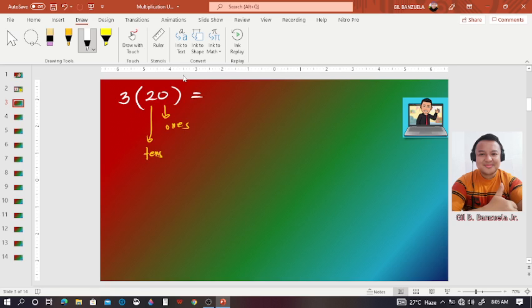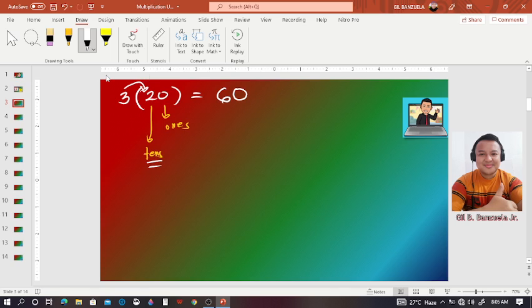So let's begin. 3 times 2, of course that is equal to 6. But since this is placed on the tens place, that particular 6 is not just 6, it is 60. On the tens place, nandyan ang 10, 20, 30, 40, 50, 60, 70, 80, 90, 100, etc. So 60 yan.